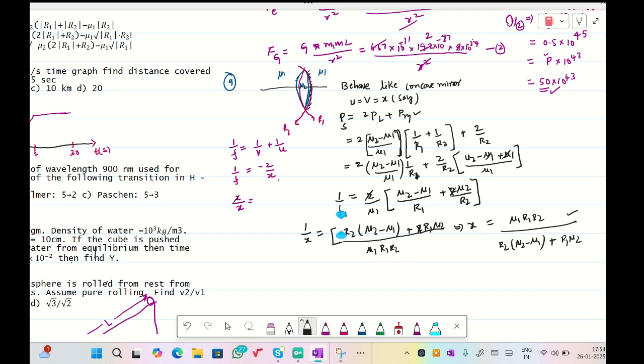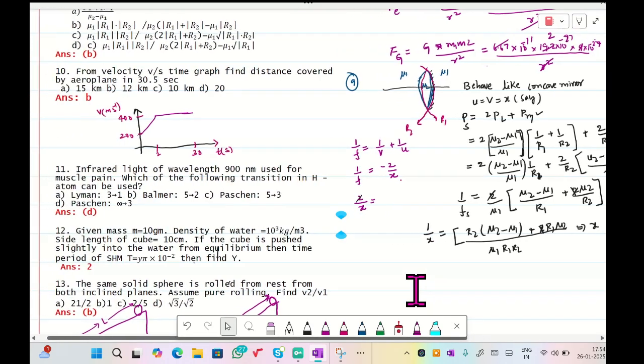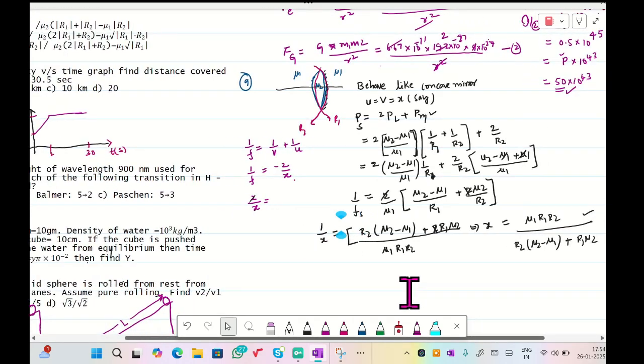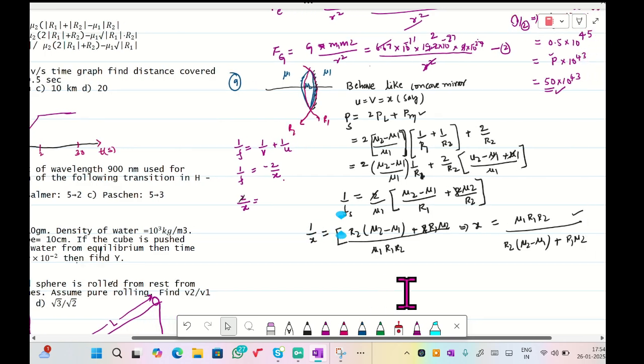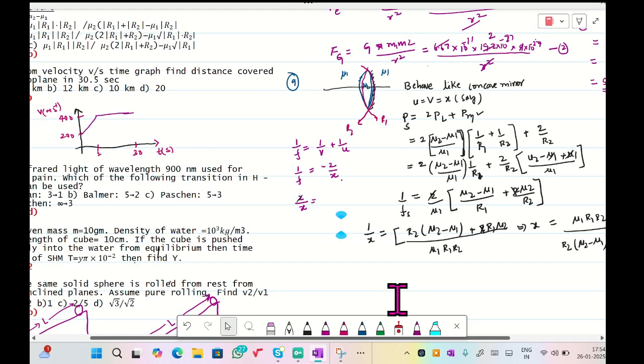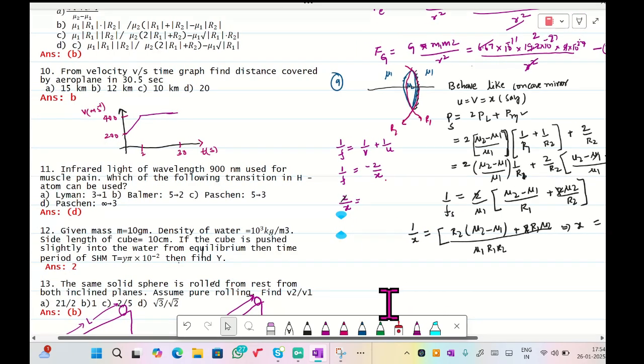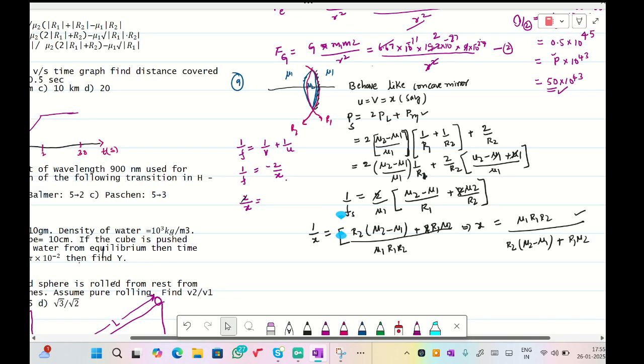So this is the given answer, I think. mu1 R1 R2 by mu2 R1, and R2 into mu1 minus mu2. Here, if you want to take it in terms of mu2, we can write mu2 into R1 plus R2.